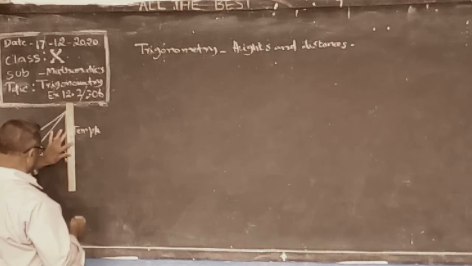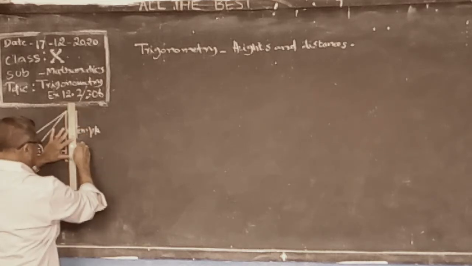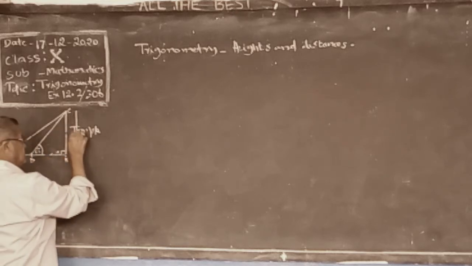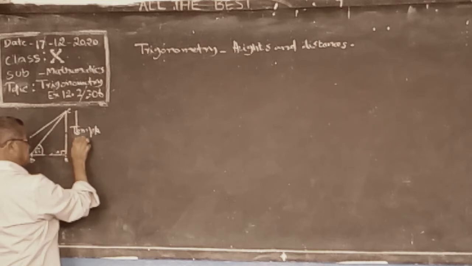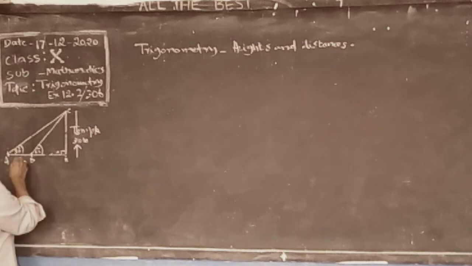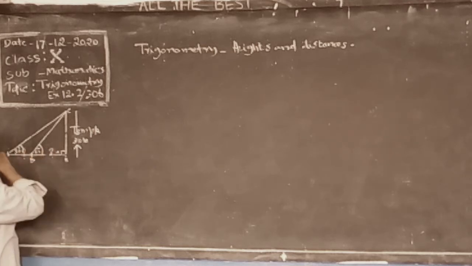So the height of the temple is given as 30 meters. We find AD, how much distance he walked. This one and this one.